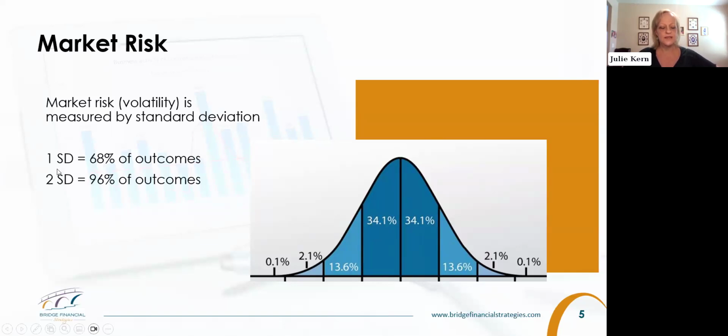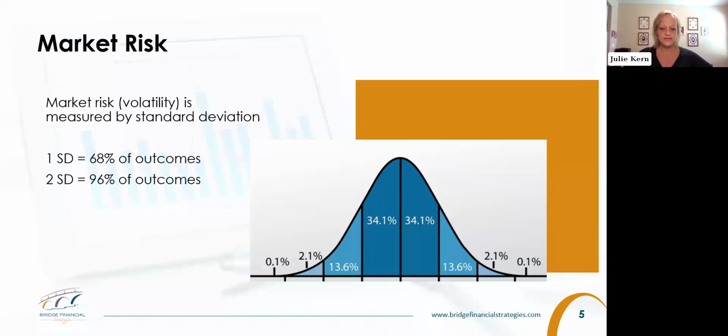So one standard deviation is going to cover about 68% of the outcomes that you would expect. If a return on an investment falls anywhere between the average minus 34.1 or the average plus 34.1, we're going to say that's within one standard deviation of the average.